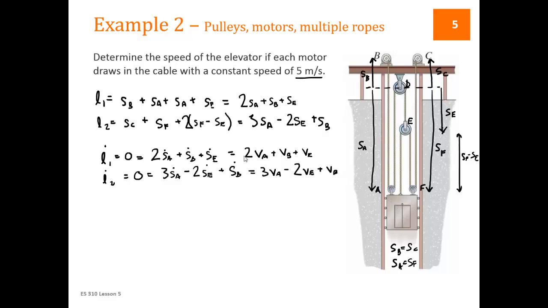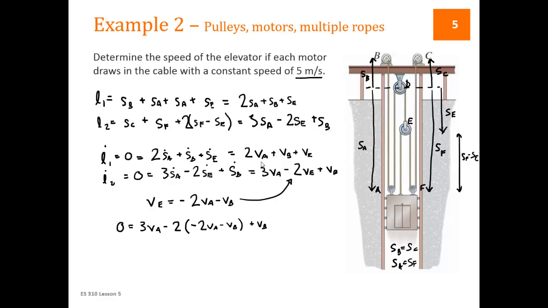Alright, so this first one can be rewritten for VE as VE equal to negative 2VA minus VB. And that can be plugged in here then, right? And we get 0 is equal to 3VA minus 2 times negative 2VA minus VB plus VB.